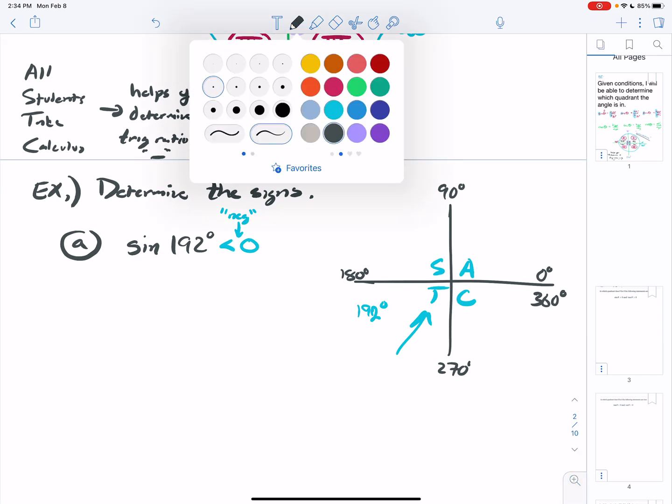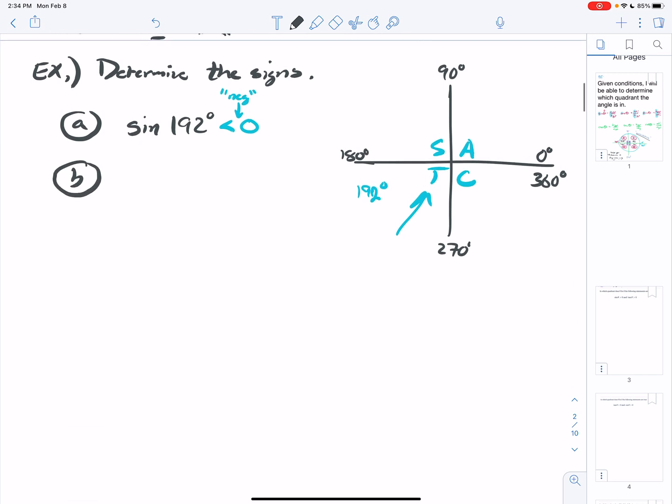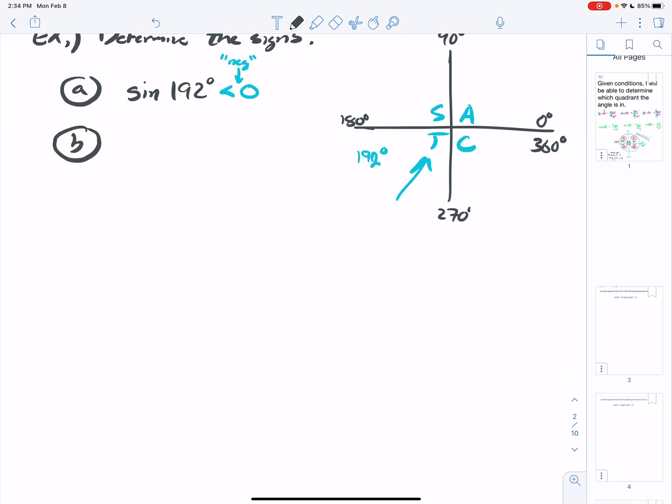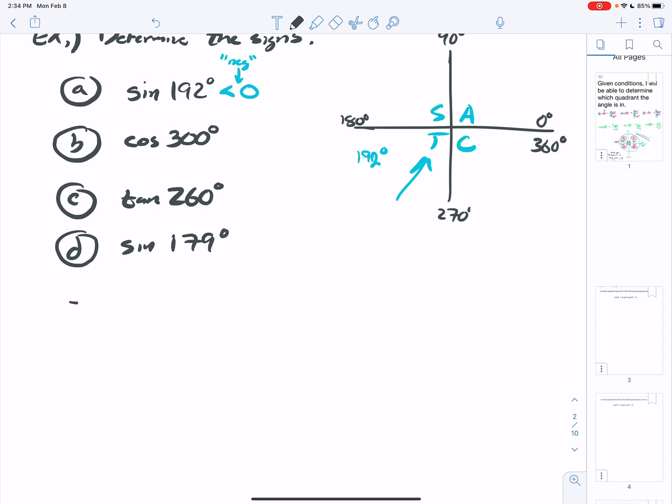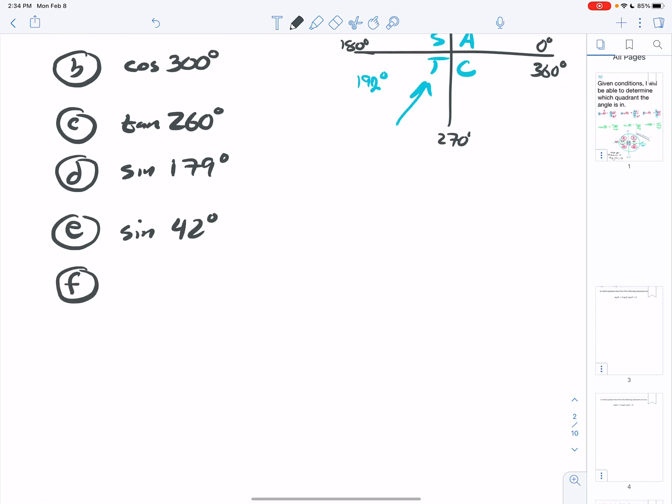So here we go. I want you guys to go ahead and do the next few. Let's do cosine of 300, tangent of 260, sine of 179, sine of 42 degrees, and let's do one more, tangent of 93 degrees.